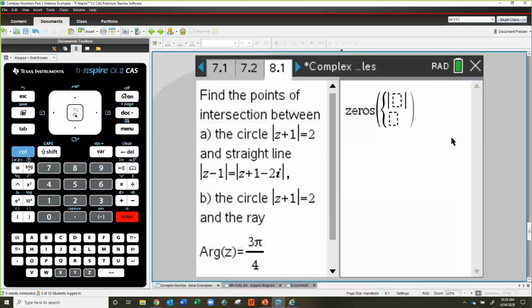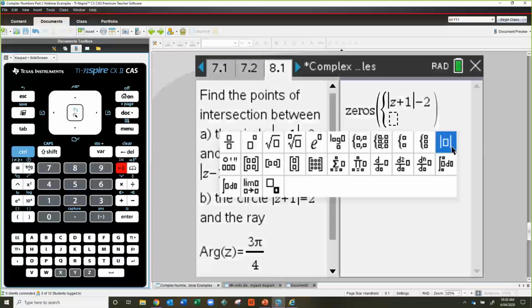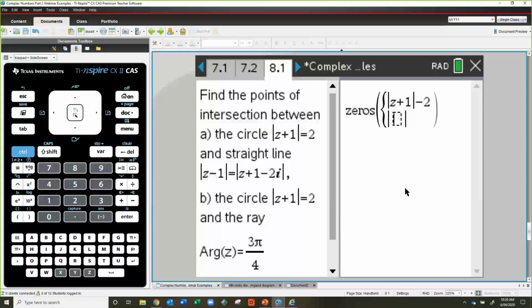So if I enter modulus z plus 1, remember in zeros, I have to change this equation so everything is on the left-hand side. And then my second equation is the perpendicular bisector, which is modulus z minus 1 equals modulus z plus 1 minus 2i.